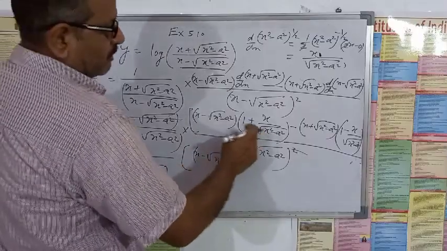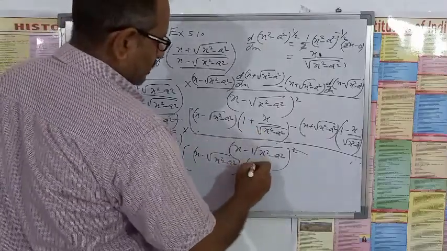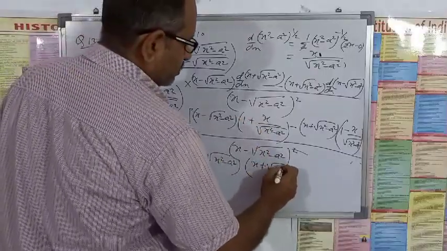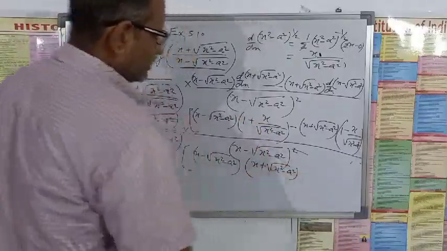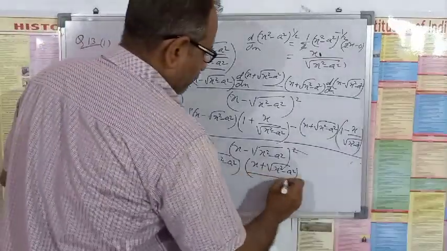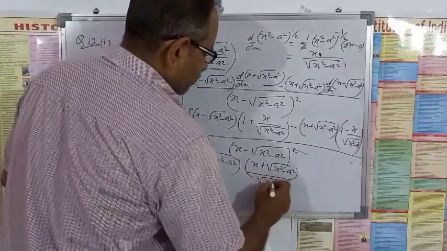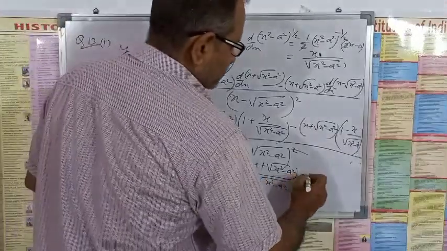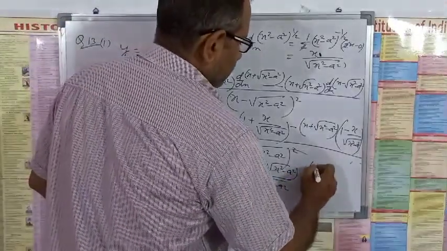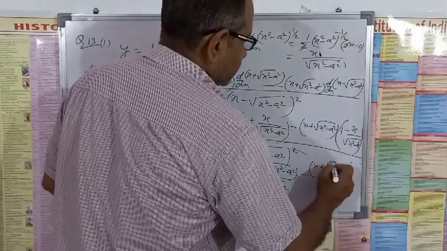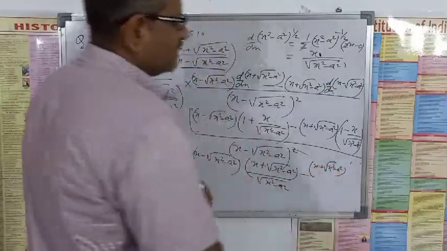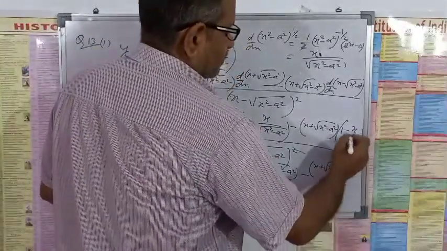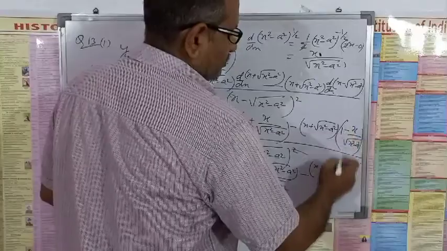Take LCM and simplify. So it will be x plus under root x square minus a square all upon root x square minus a square minus x plus root x square minus a square into, and take LCM here.